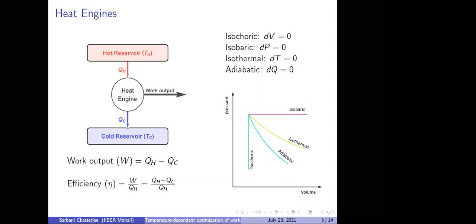Thus, after completing one full thermodynamic cycle, we can write the work output as the difference between QH and QC. The efficiency of a heat engine is defined as the ratio of its output to its input. That is, work divided by the input heat gives us the efficiency for a heat engine. We should keep in mind that attaining 100% efficiency is not possible.